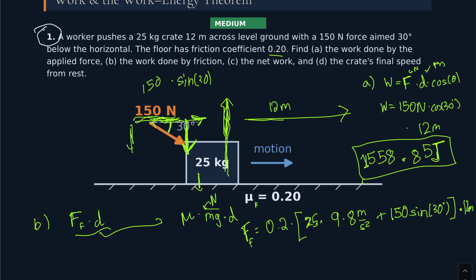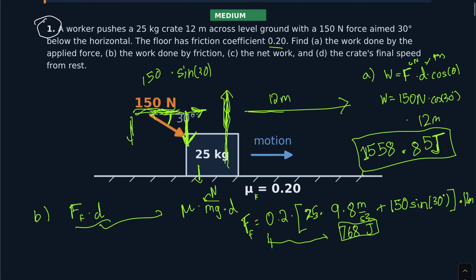Then that times 0.2 times 12. So about 768. About 768 joules. Again, same unit for work, right?